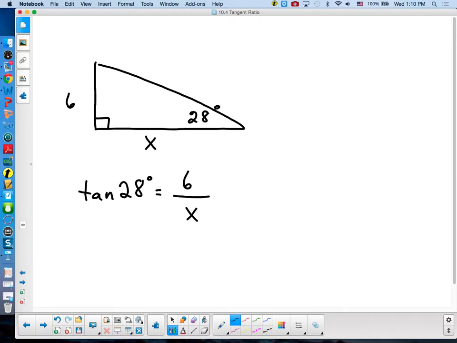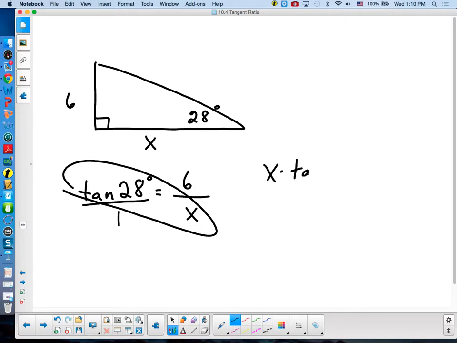This time the variable's in the bottom. And I want to show you what it looks like when you cross multiply. Notice it doesn't say take 6 times the tangent of 28. When you cross multiply, that is x times the tangent of 28 equals 6 times 1. 6 times 1 is just 6.